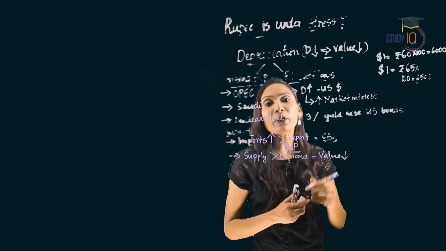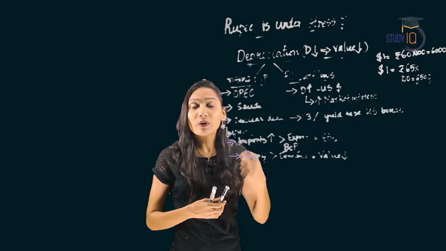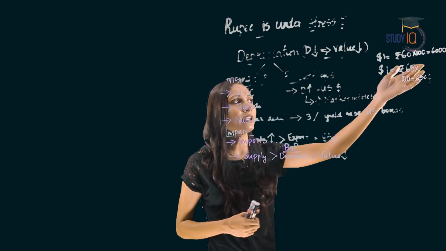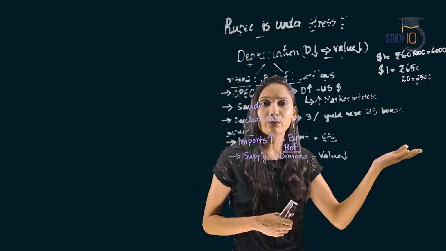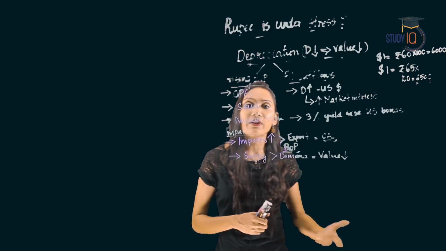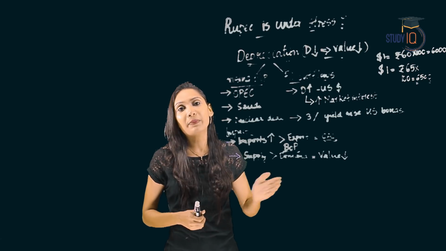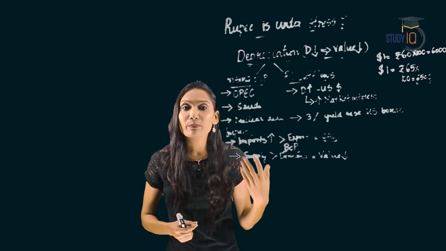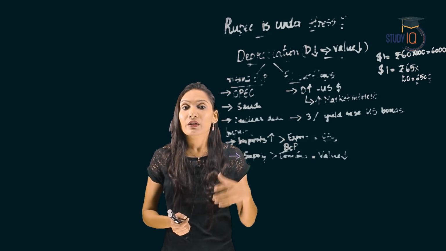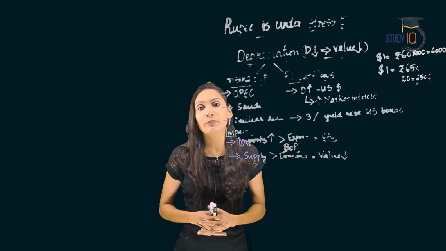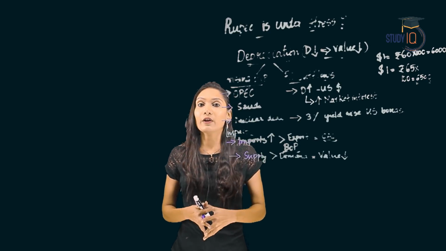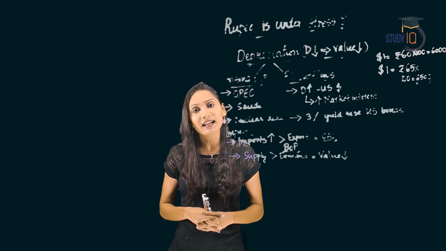When you import commodities, earlier you had to pay 6,000 rupees, but now it is 6,500, which means with depreciation of currency, your import bill also increases. So again that will add on to the BOP crisis in the country.